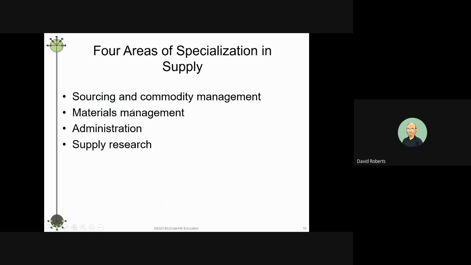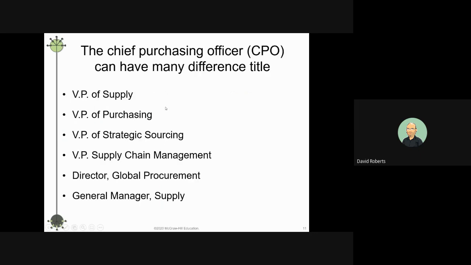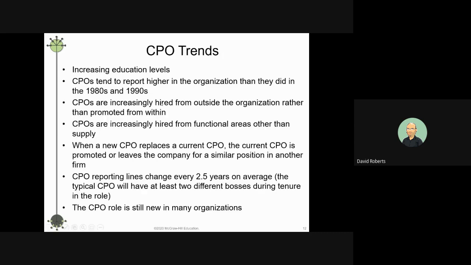Again, 4 areas of specialization: commodities, materials management, administration, and supply research, which we'll talk about. Here are some of the chief purchasing officers, which I've never really worked for a place that has specifically had a CPO. And there certainly could be the manager of the purchasing or supply area. You can see that there is an increase in educational levels, as there is in supply chain in general.